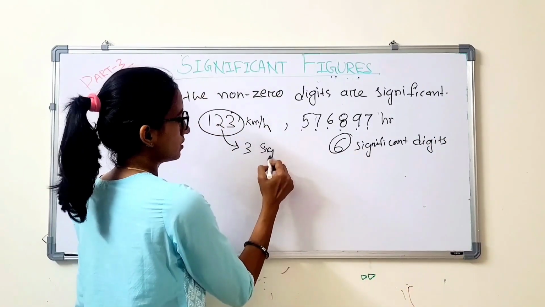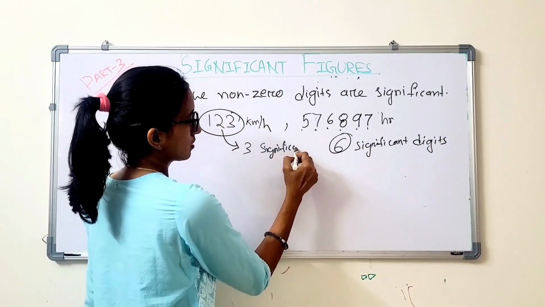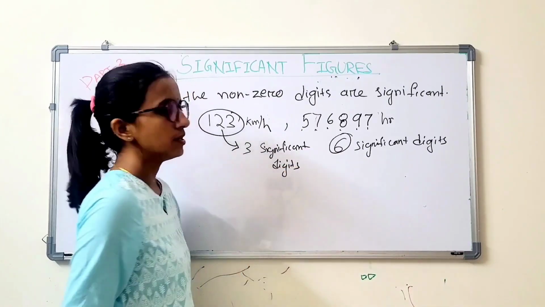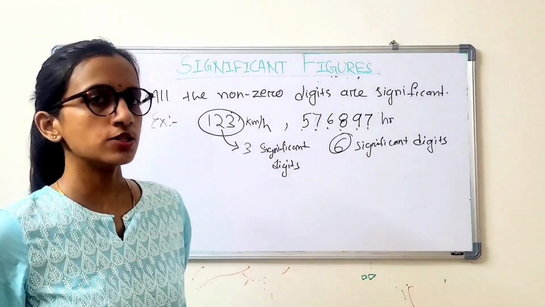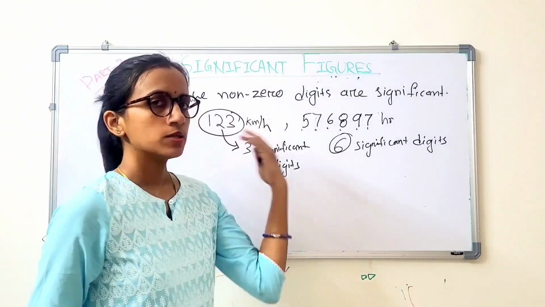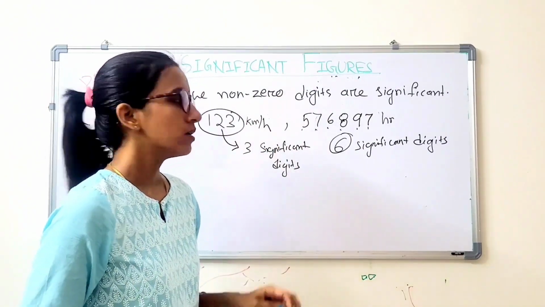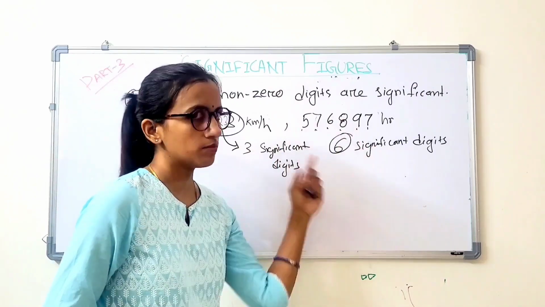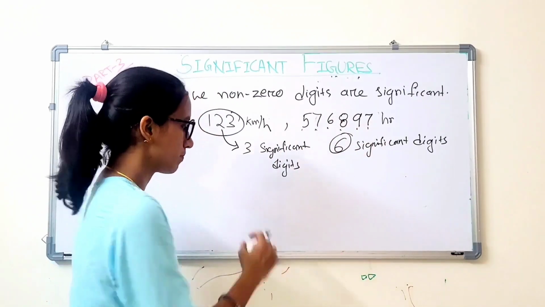Here, 3 significant digits. When the measurement value doesn't contain any 0, then the measurement reading will have a number of significant digits equal to the total number of digits in that measurement.